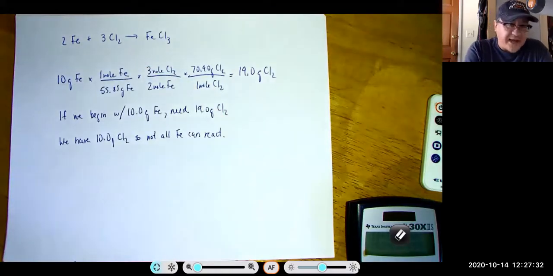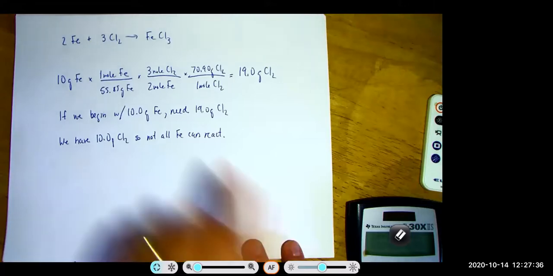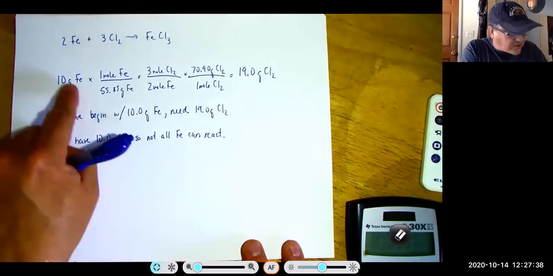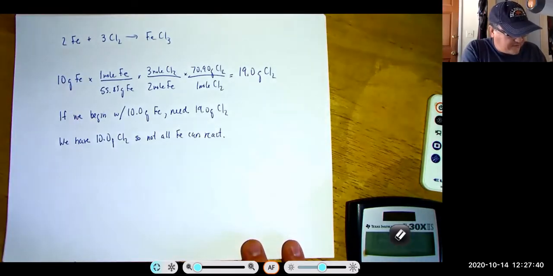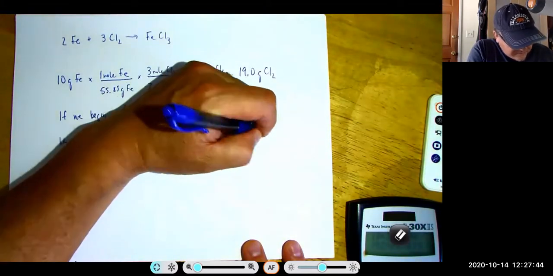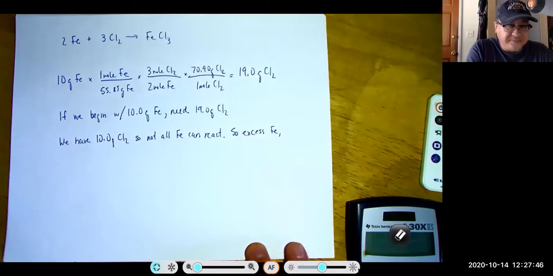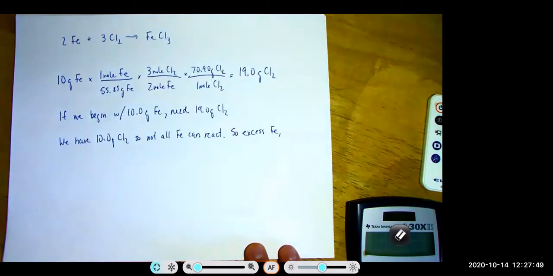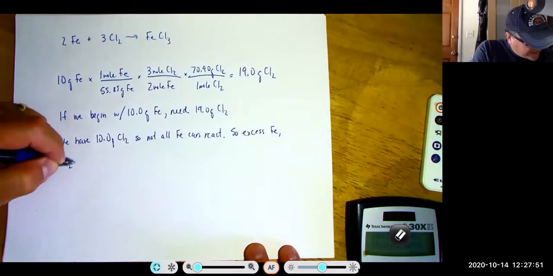Do you understand that? Yeah. We need 19, but we only have 10. That means you can't react all the iron. So you have excess iron. Are you with me there? Yep. And chlorine is limiting.